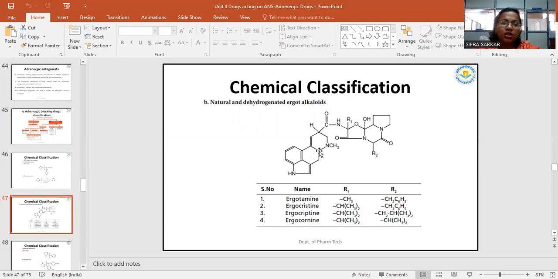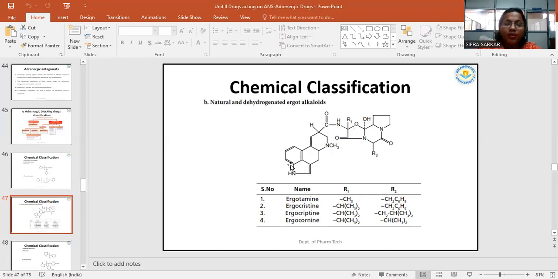This structure contains two benzene rings with a 5-member nitrogen containing ring, and one nitrogen and CH3 containing ring here, and an oxygen containing ring furan, and one imidazoline ring. So these rings are present where R1 and R2 can have different substitutions.